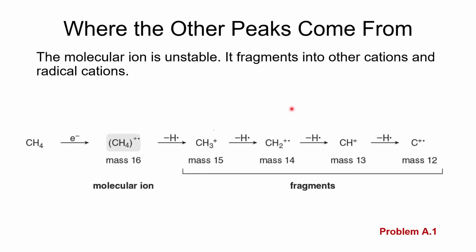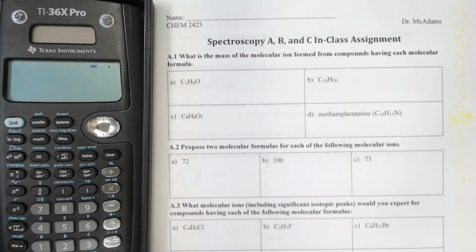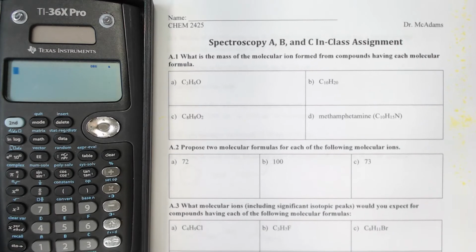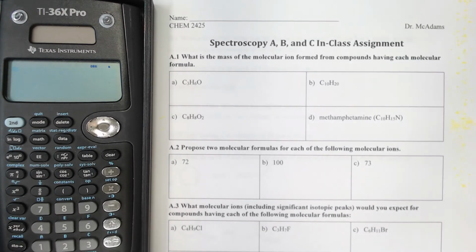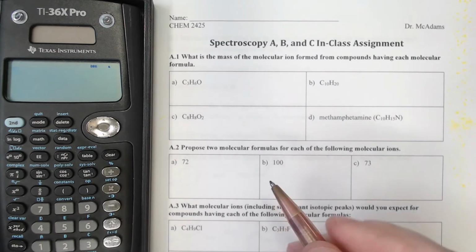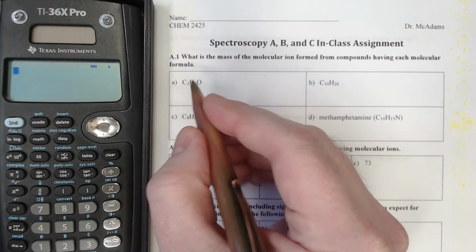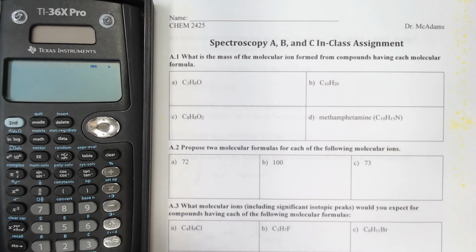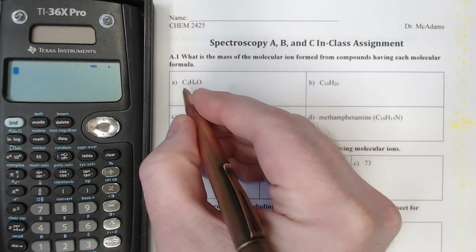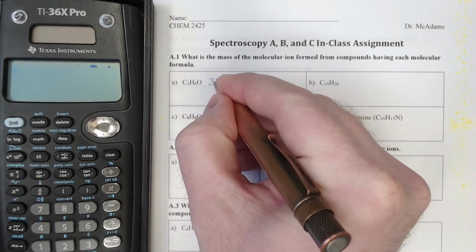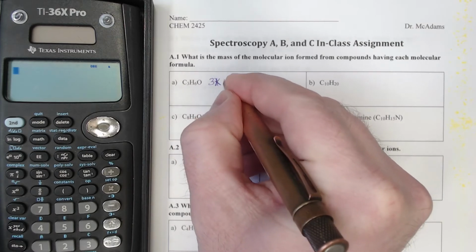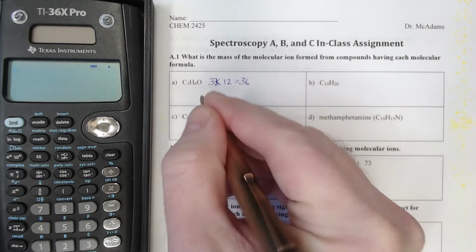So we want to look at, again, just the molecular ion. We're going to go over to my document camera here, and we're going to look at these and determine what is the molecular ion for these substances. This is really easy. You're going to take the whole number that is typically associated with each of these. So for example, carbon, we'll do 3 times 12, gives us 36.